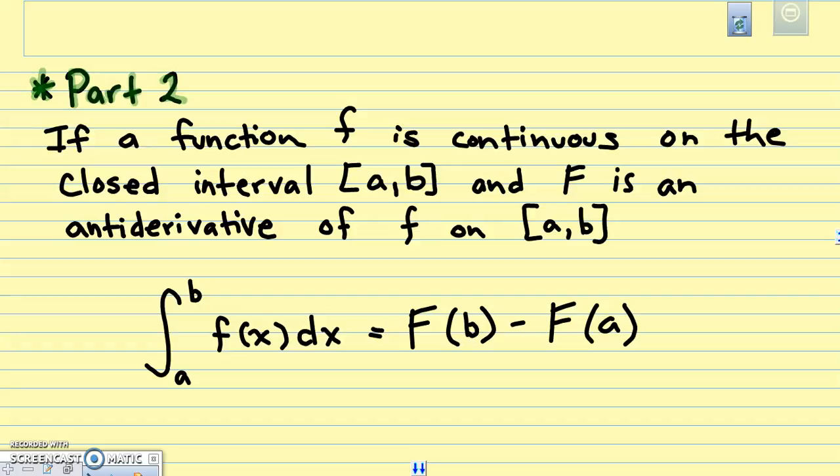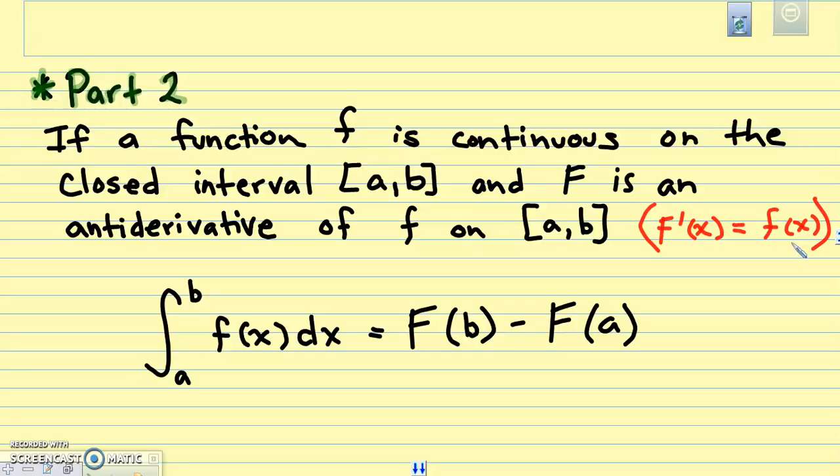Okay, part 2 of the Fundamental Theorem of Calculus says if a function f is continuous on the closed interval from a to b, and capital F is an antiderivative of lowercase f on the interval from a to b. In other words, what that says is that F prime, the derivative of capital F, so capital F prime of x, is equal to lowercase f of x.